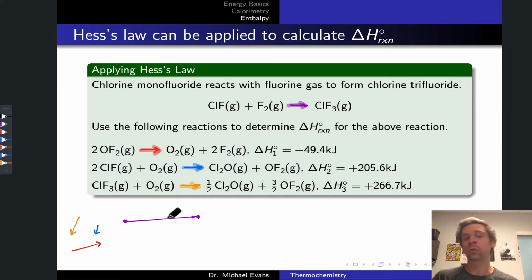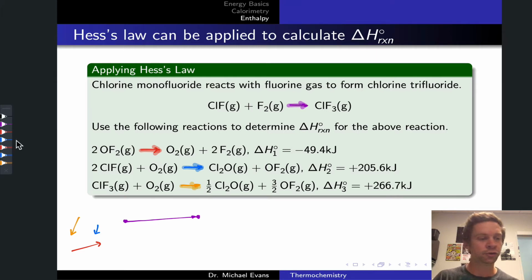The basic idea of any Hess's law problem like this is to take our target reaction in purple and decompose it, or figure out how it can be represented as the sum of scaled versions of the reactions we're given.